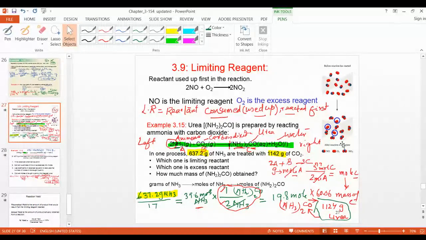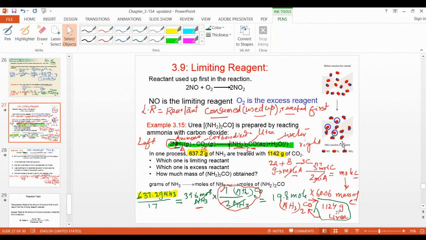It means the product always depends on limiting reactant. All right. So when you calculate this type of reaction, first you calculate from ammonia how much product is formed, 1124. Then you calculate from carbon dioxide how much urea is formed, 1558. It means that the compound which gives less product is the limiting reactant. So in this case, the ammonia gives you less product, but carbon dioxide gives you more product.